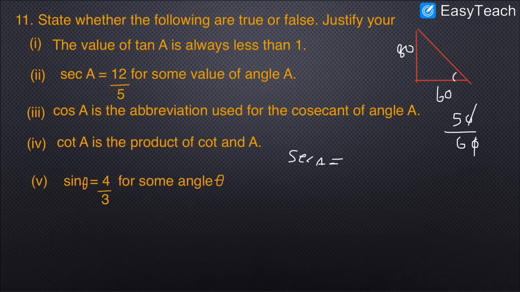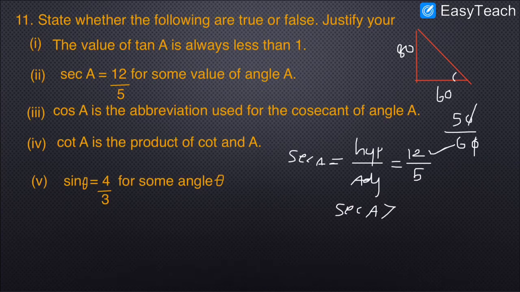So what is secant A? Secant A is the reciprocal of cos A. Cos A is adjacent by hypotenuse, so secant A is hypotenuse by adjacent. The hypotenuse is the largest side, so it is possible. Secant A is always greater than 1.